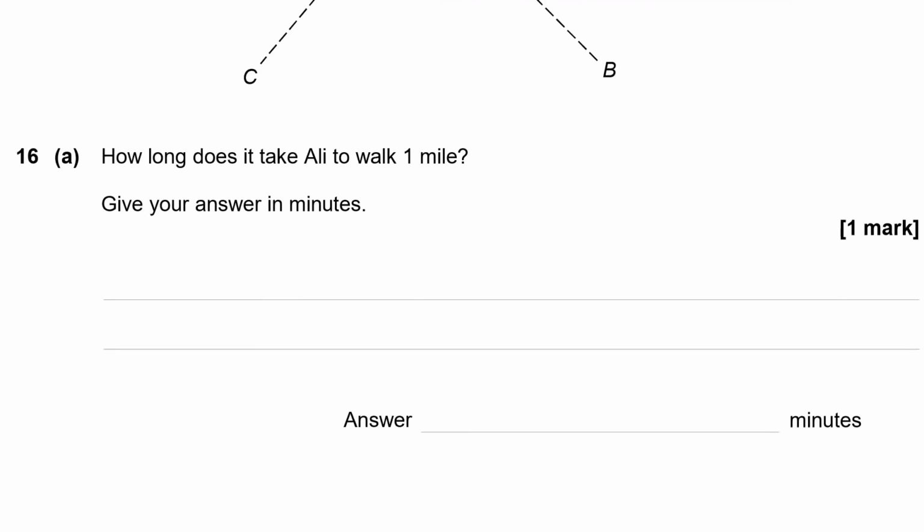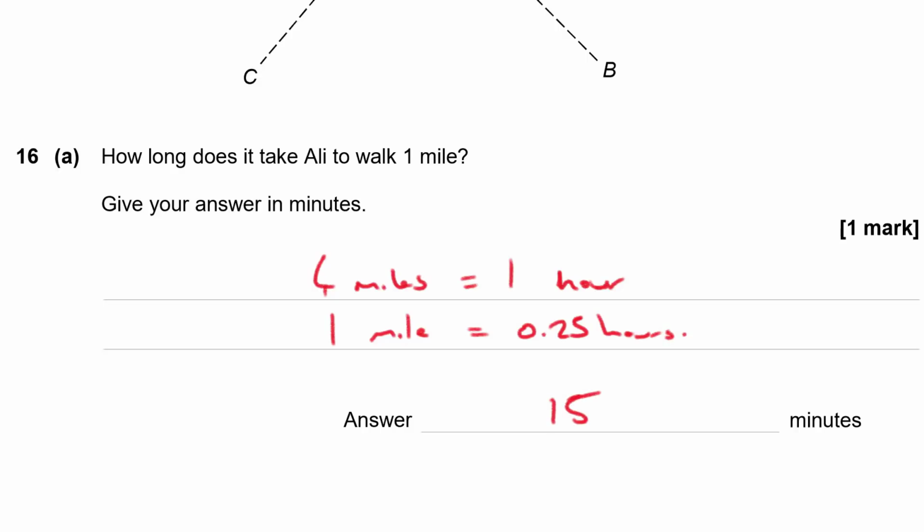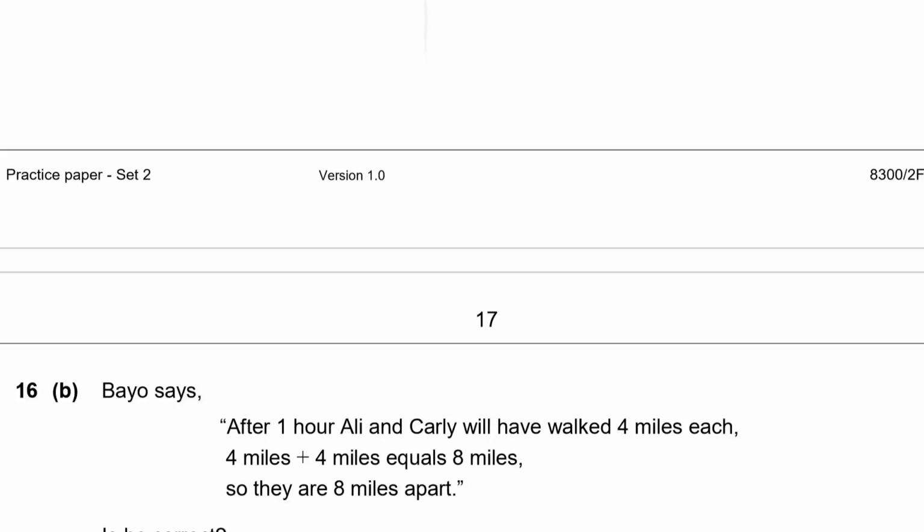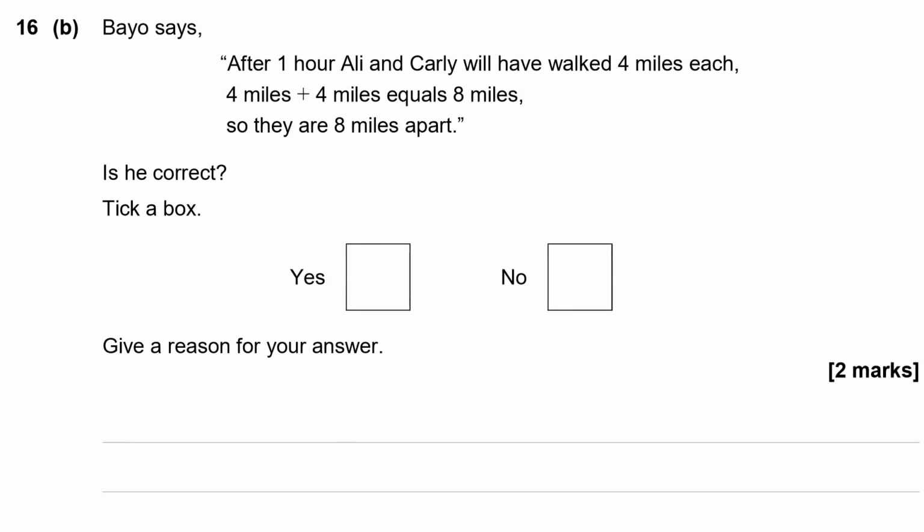So if she can walk 4 miles in 1 hour, then to walk 1 mile, it's going to be a quarter of that, isn't it? 0.25 hours. So what's that in minutes? What's a quarter of an hour in minutes? It's 15 minutes.